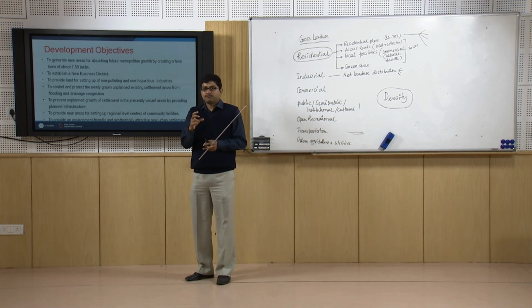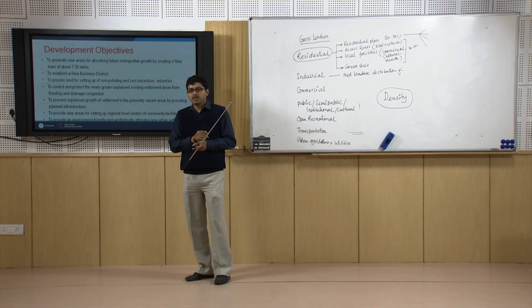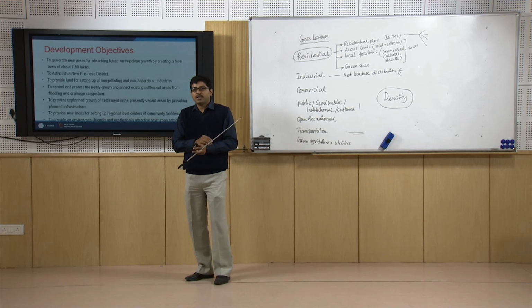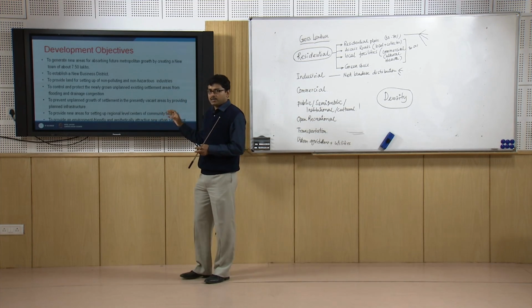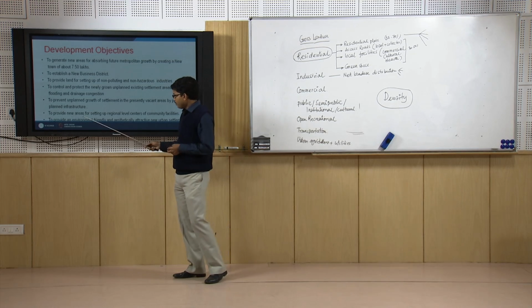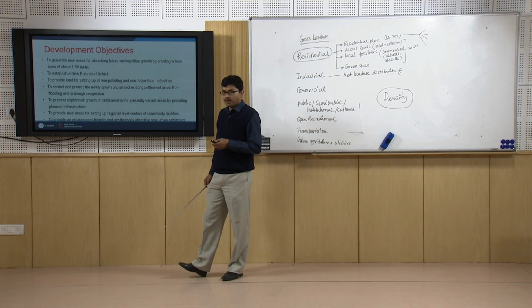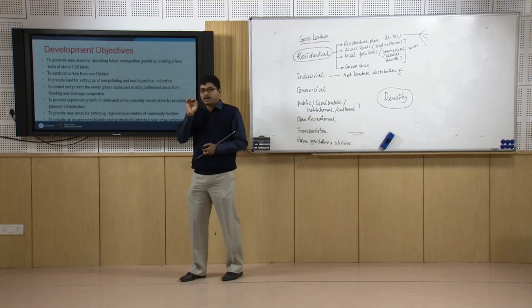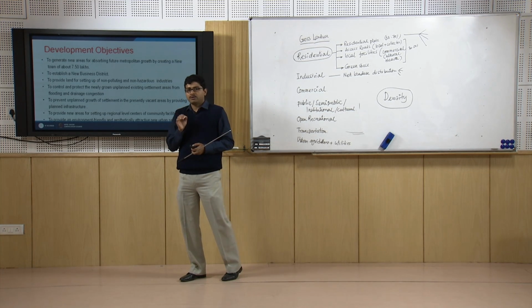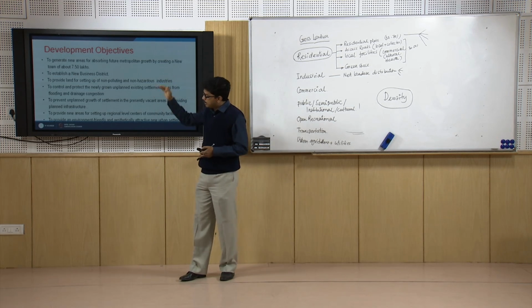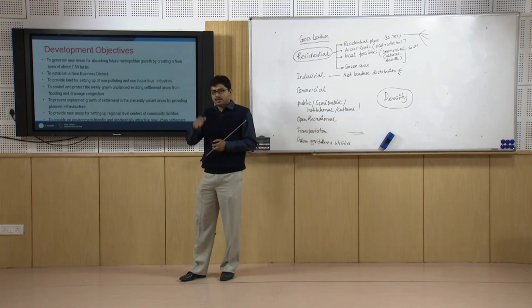So to set up a bigger facility, bigger industries, bigger cultural facility, you need bigger land. So that is accommodated in this new town, and to provide an environment friendly and aesthetically attractive new urban settlement. So these were the development objectives. Every urban planning or master planning exercise should have a stated objective which it will fulfill.